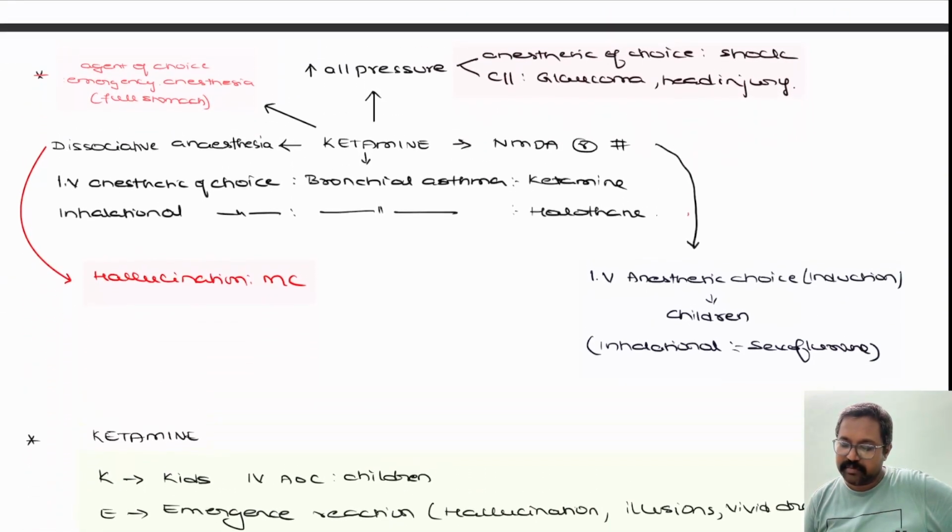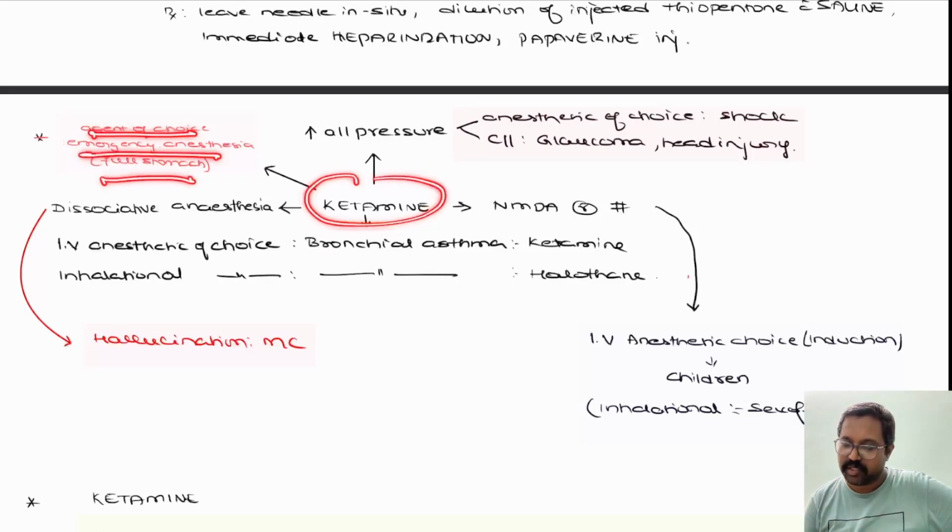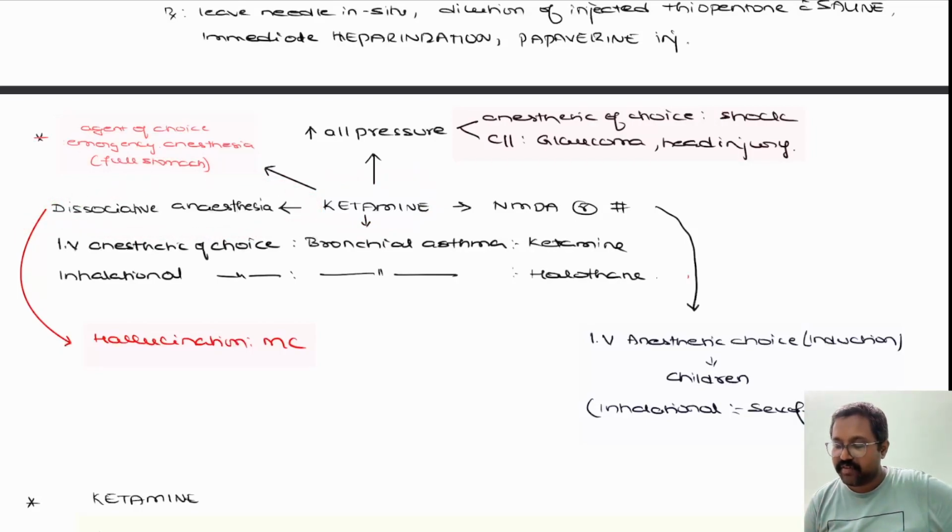So next, coming to the ketamine. As you know, ketamine is the agent of choice in case of emergency anesthesia, that is whenever the patient has a full stomach. It is also called dissociative anesthesia, as the patient will not be aware of what is occurring, and the patient will be awake. The patient will be dissociated from the surroundings.